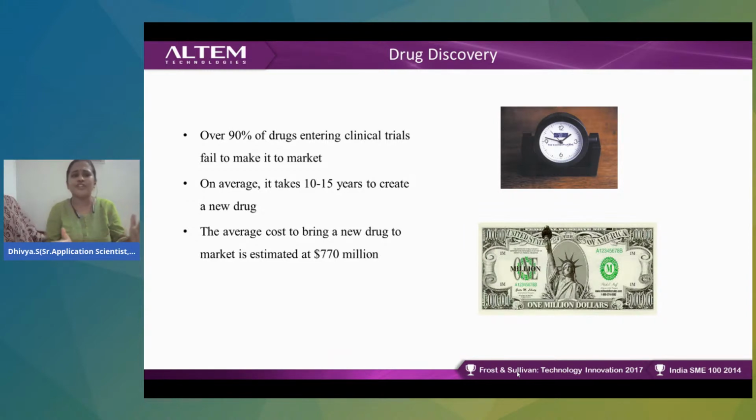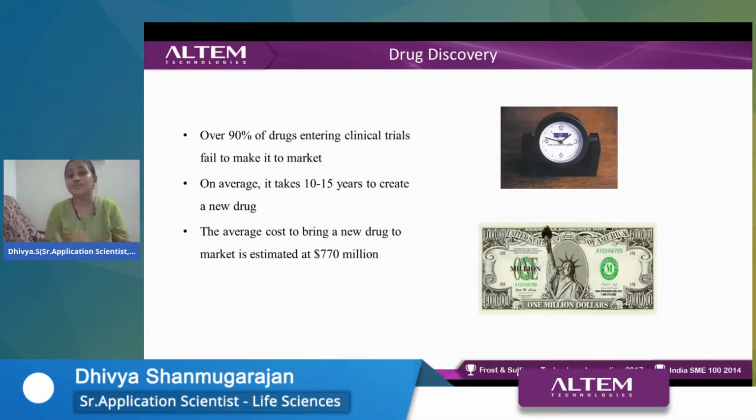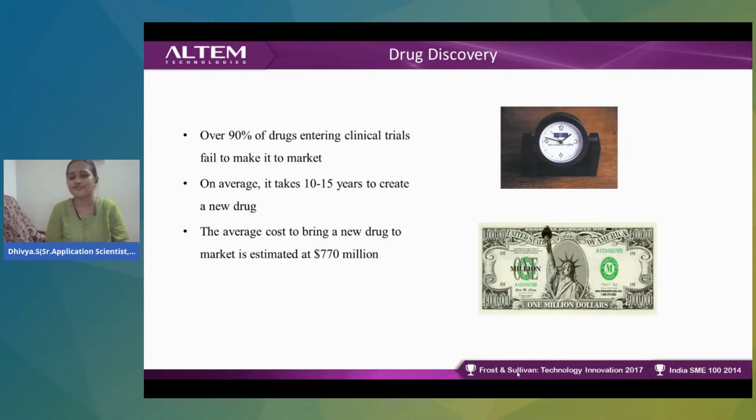So what if it fails at an intermediate stage, in preclinical testing, or in phase clinical trials? Whatever money, energy and time we spend will be a waste. So how do we address or overcome this issue? Is there any way? Of course, there are many ways. As technologies keep moving on, there are solutions for all the problems.